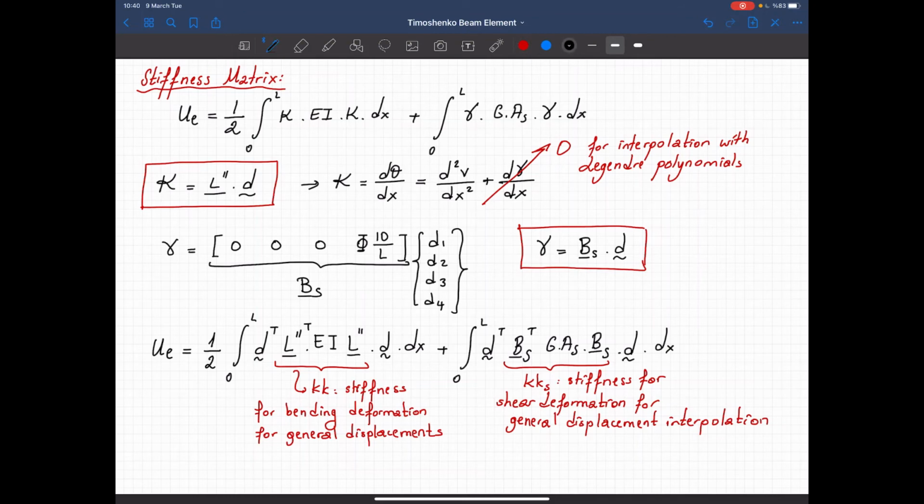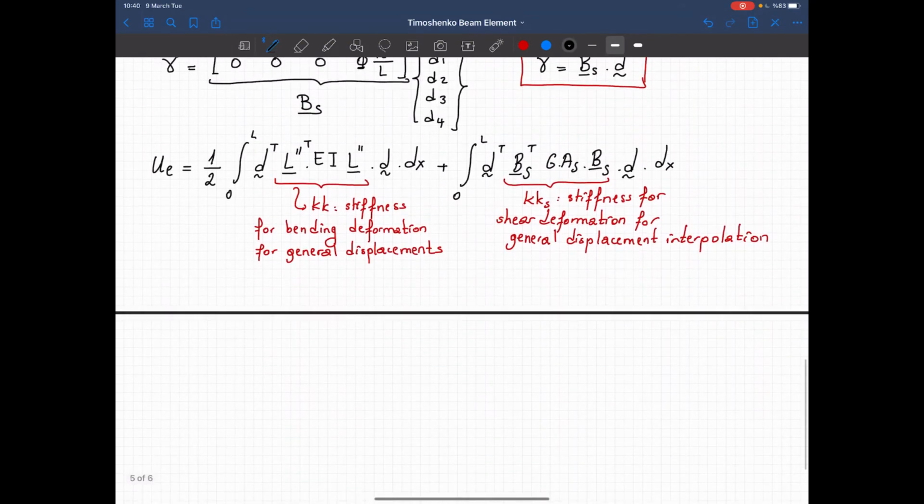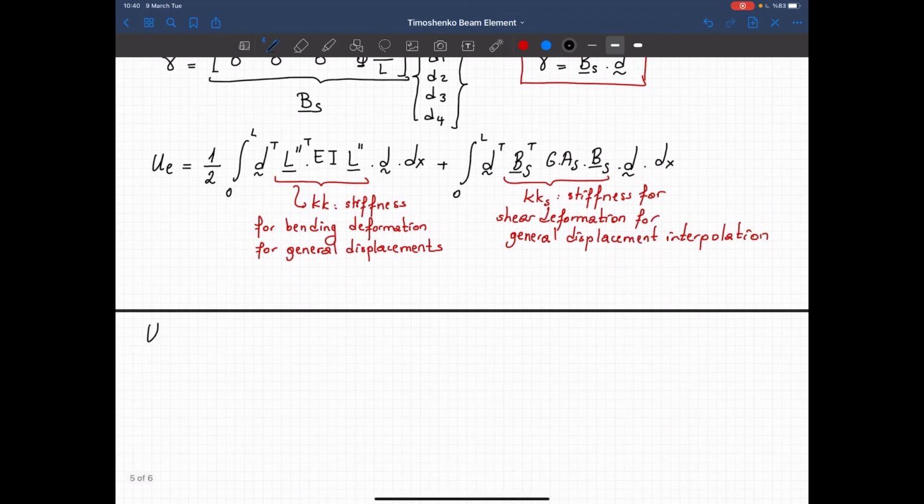So for the nodal deformation, I can apply the transformation. Let's do that from 0 to L. Now I have the nodal U, H transpose L double dot multiplied by transpose, EI.